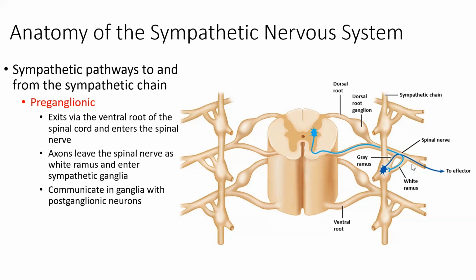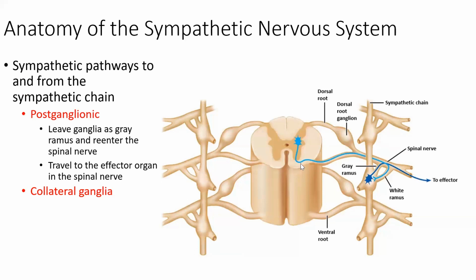And so that is the main difference between the preganglionic fiber, which is coming from spinal cord, to the ganglia. That is a white ramus or a myelinated fiber, shown here in light blue. And then the postganglionic fiber, which is leaving the ganglia, the dark blue structure here, going from that ganglia to the effector organ, is going to be a gray ramus fiber, which is unmyelinated.